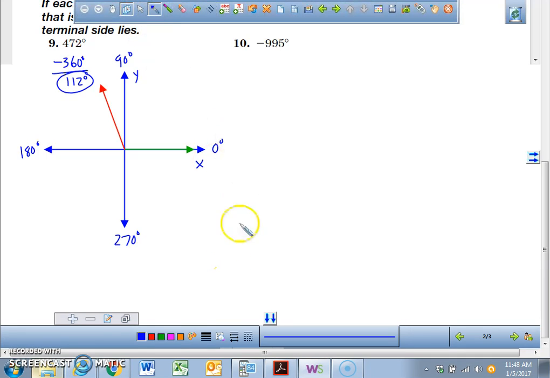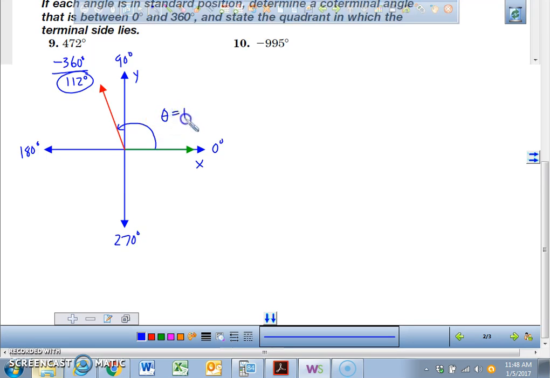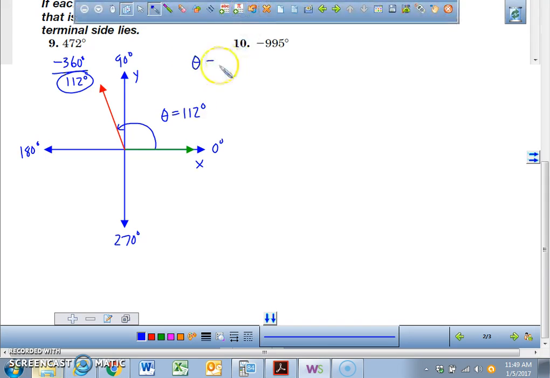Okay? So right now I need you guys to understand that from here to right there, that's theta. Theta for us is 112 degrees. Because what does theta have to be between? It has to be 90 and 0. No. Oh, 0 and 360. Yes, 0 and 360.